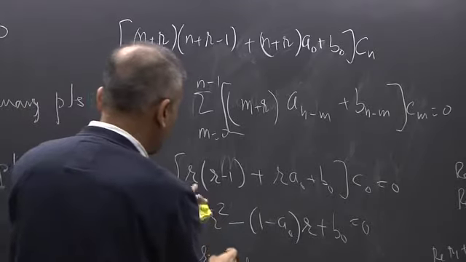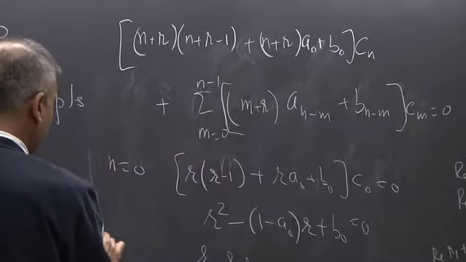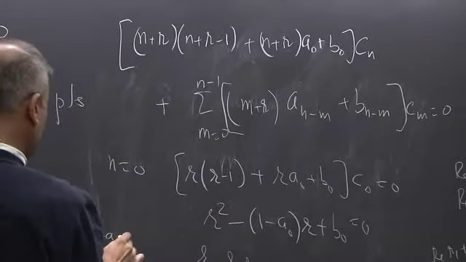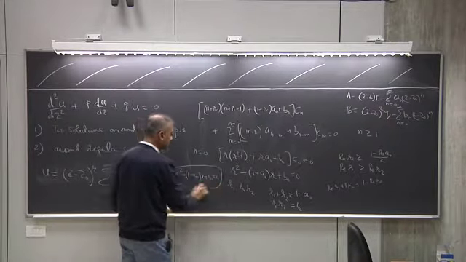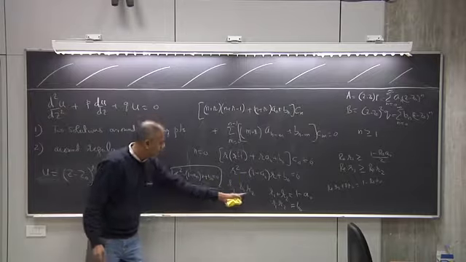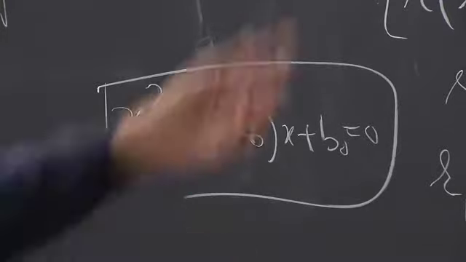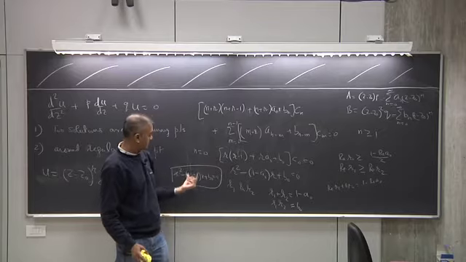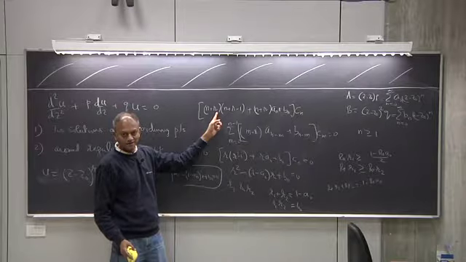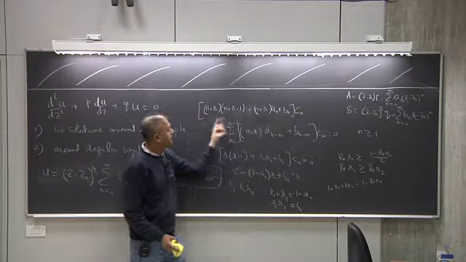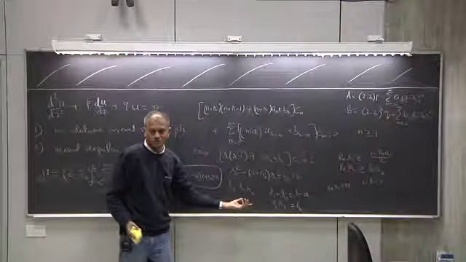Think of this quadratic equation, simply x squared minus (1 minus a0) x plus b0. And r1 and r2 are the only two solutions of this equation, right? Now this expression is the same as that, except x has been replaced by n plus r. So for this to be 0, n plus r must again be equal to either r1 or r2, because those are the only two roots.